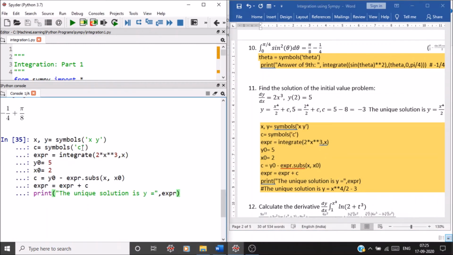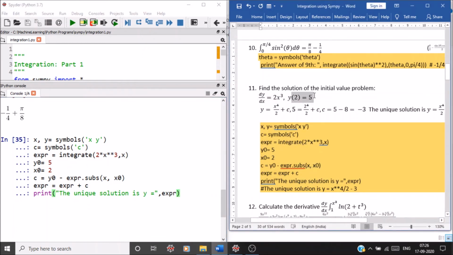So x and y both are symbols. C is another symbol. The expression is integration 2x to the power q, comma x. Comma x means integration with respect to dx. So y0 is equal to 5 and x0 is equal to 2.